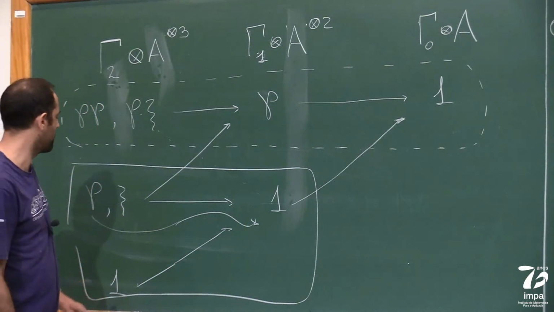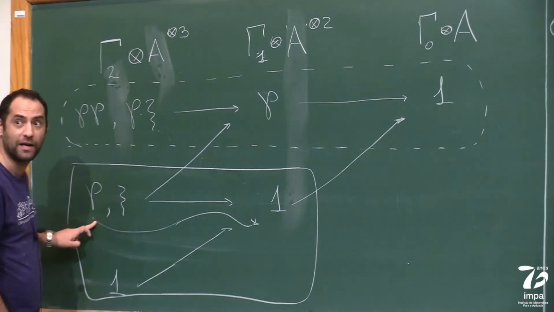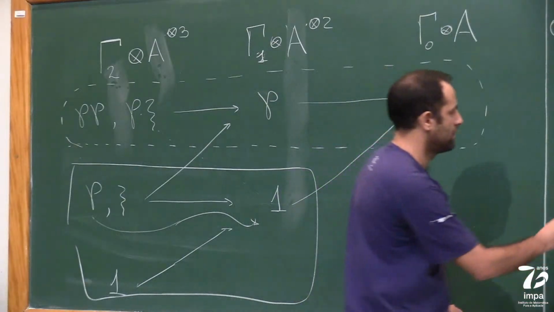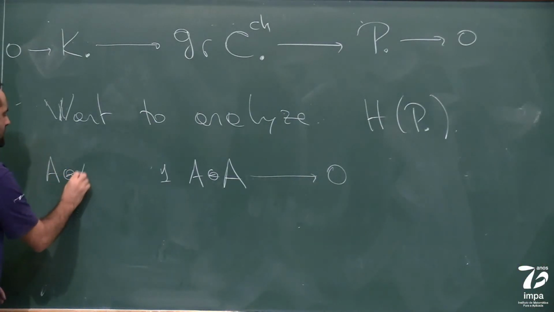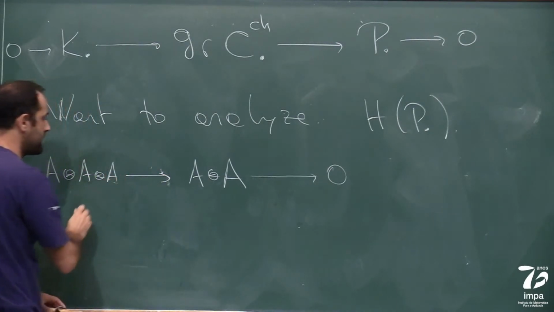So the first thing I notice is that if I look at modulo the image of functions P's, again, I have A tensor A tensor A, and I need to look at the images of the differentials.